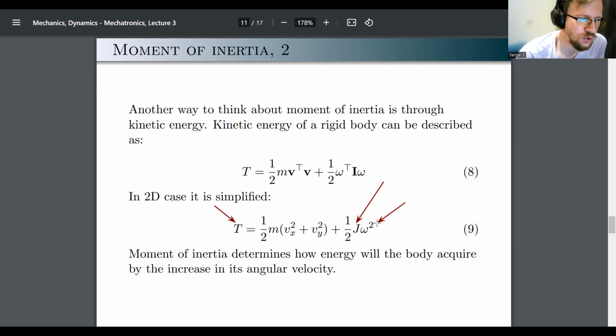That is a useful thing to remember, because this is one of the ways you could recover the moment of inertia. If you know how much work is produced to increase the kinetic energy of the system, and you know the new angular velocity, you can recover the moment of inertia quite easily. Directly computing it can be challenging, but estimating it through kinetic energy is simple for the 2D case. For the 3D case, not as simple. Okay, good.